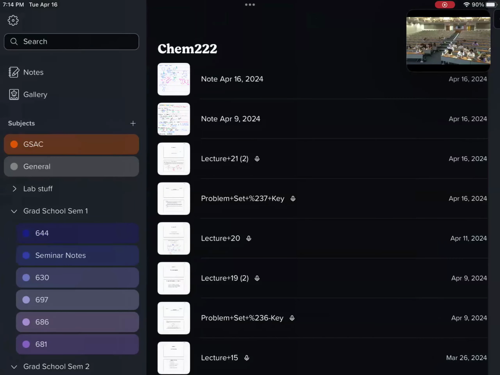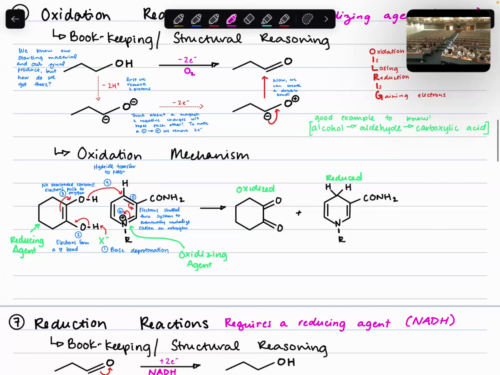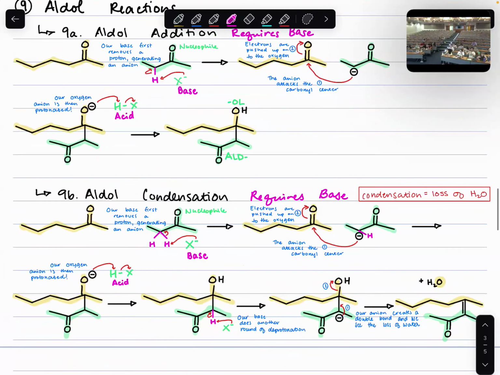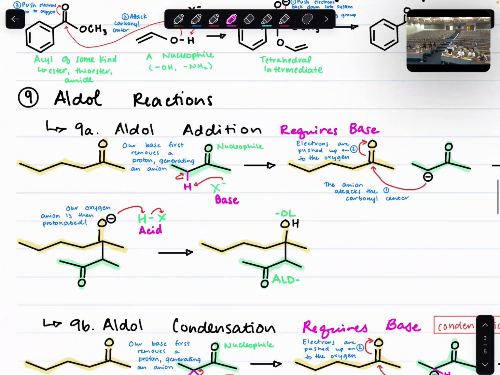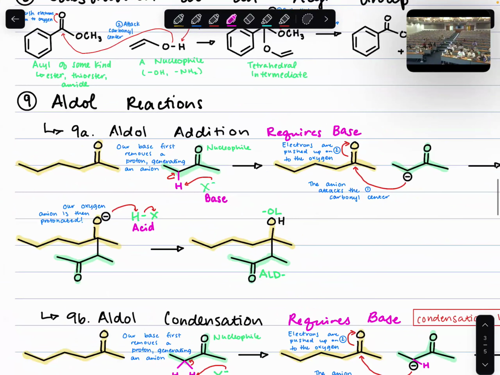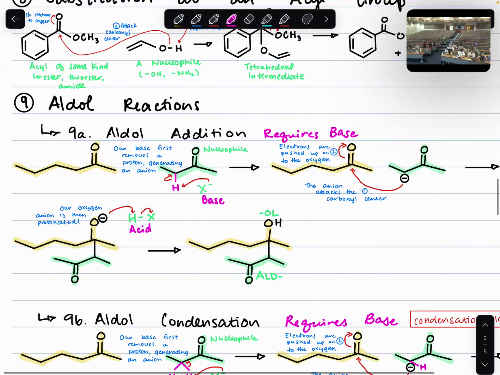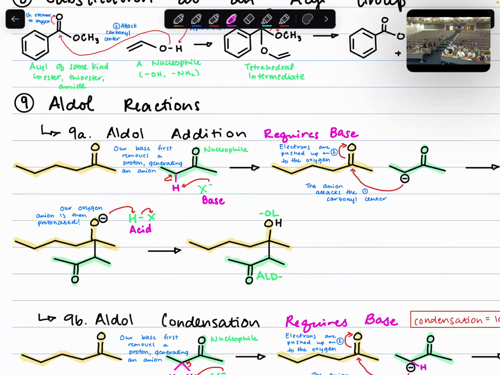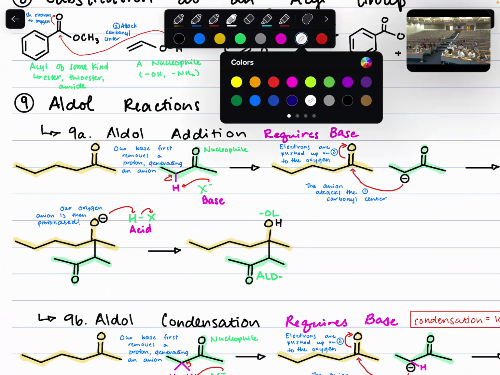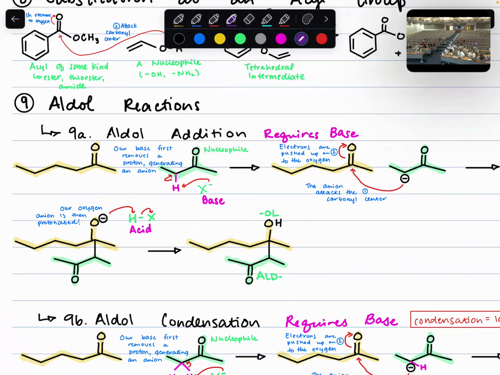I'm going to cheat a little bit here by just showing you the study guide, Hallie, to answer your question. So this is an aldol addition. You have two different ketones, right? So we have one ketone here and one ketone here.